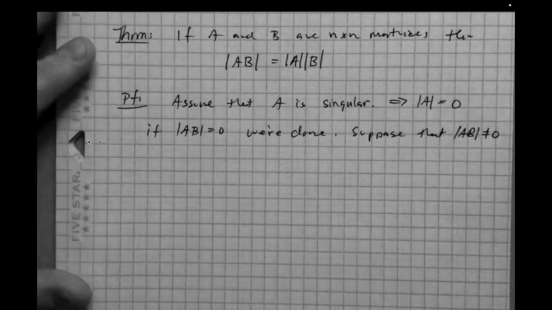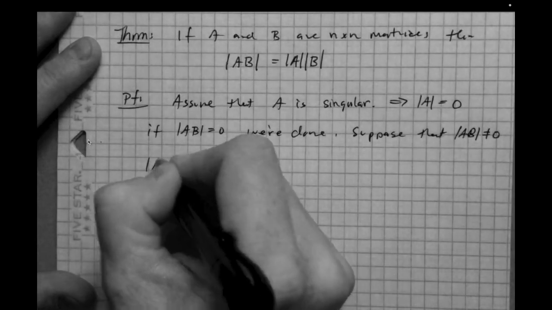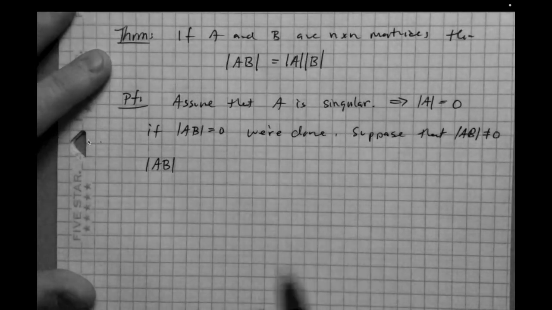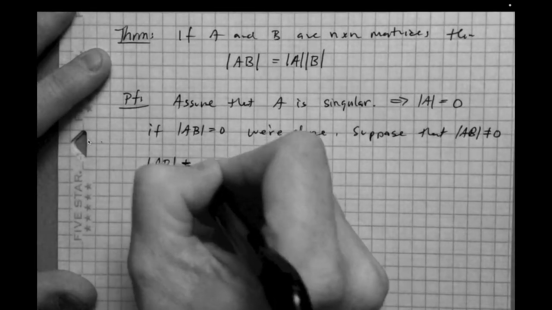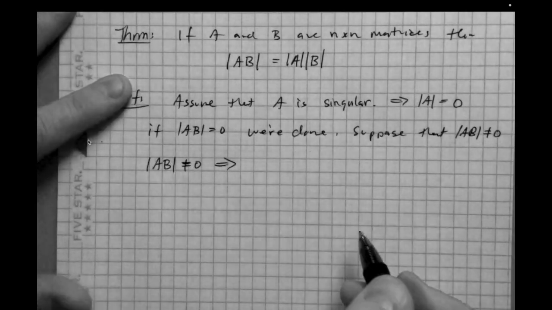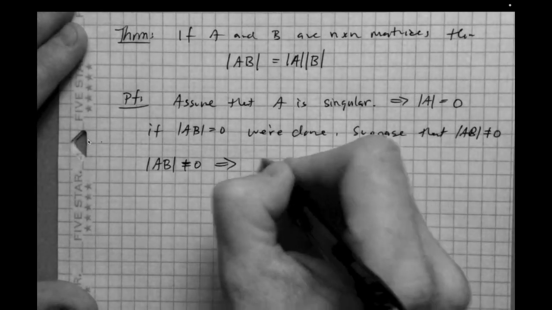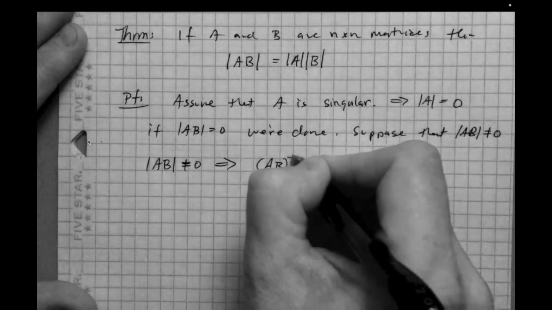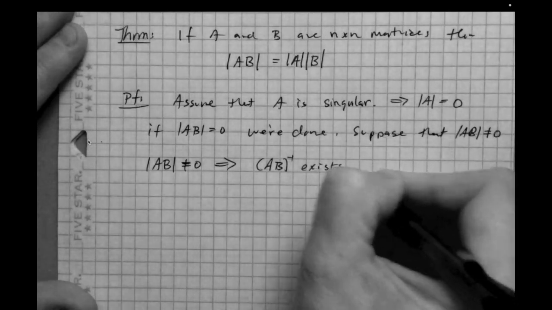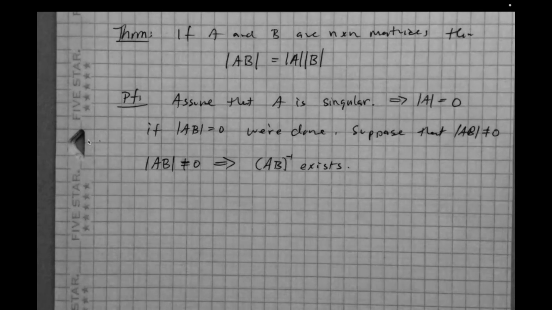And so let's see what happens. If the product has a non-zero determinant, well, then that implies that an inverse exists. We saw that earlier.